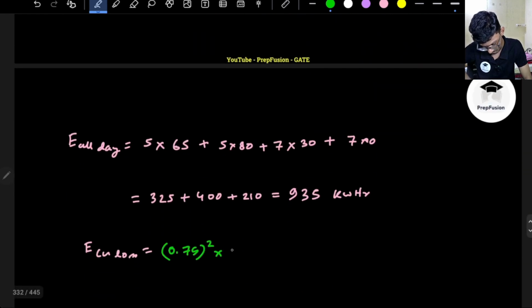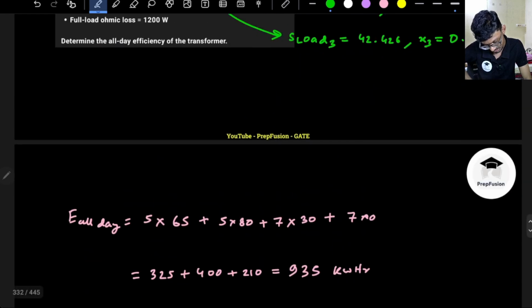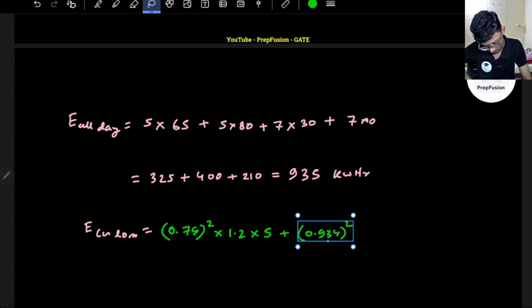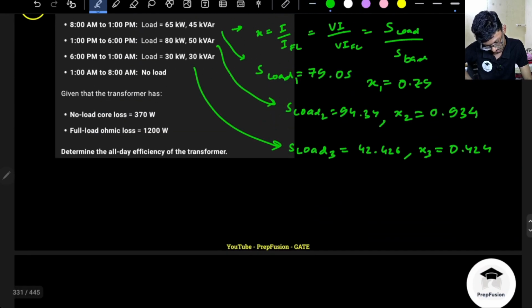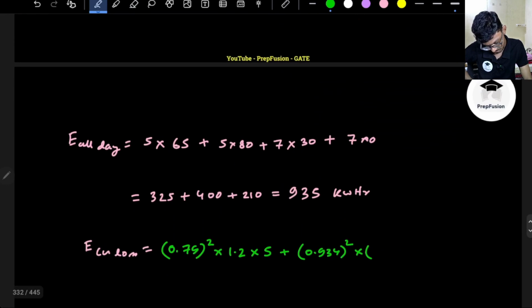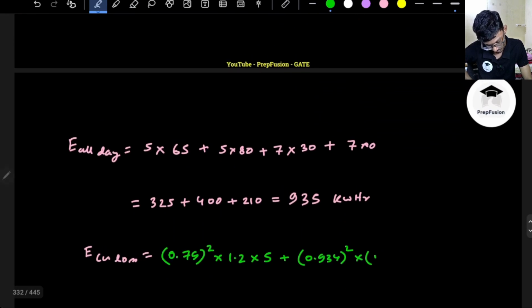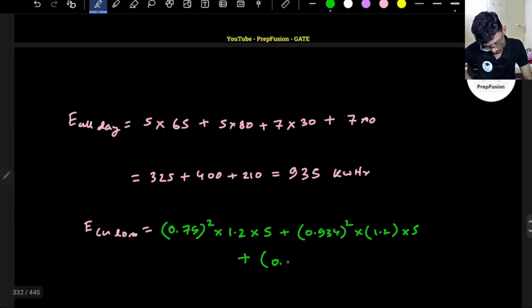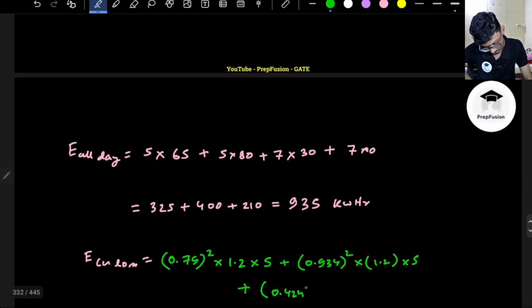PCUFL is 1200 watts or 1.2 kilowatt into the time, that is 5 hours, plus next time the loading is 0.934 whole square into the full load copper loss 1.2 kilowatt into the time, that is 5 hours again, plus loading is 0.424 whole square into the full load copper loss into the time.